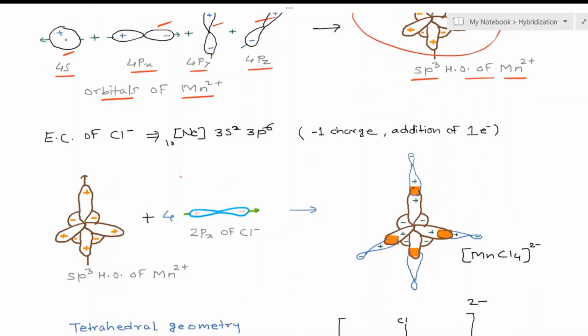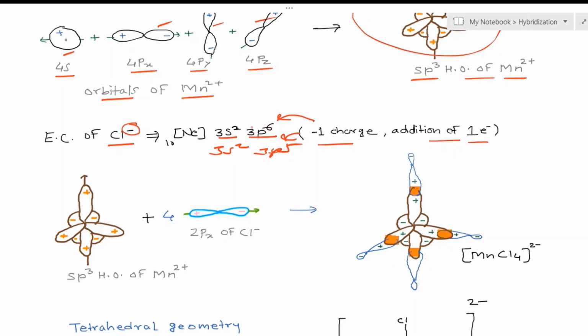Now the side atom here is the ligand, and the ligand is present as Cl-. Negative charge means one electron is added to the atom. So Cl has electronic configuration 3s2 3p5, but here a negative charge is there, so one extra electron is added and the configuration becomes 3s2 3p6.